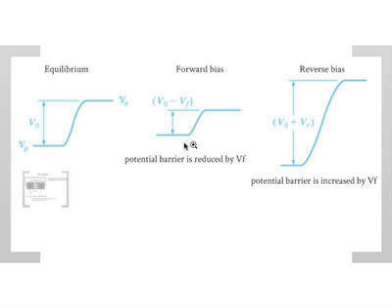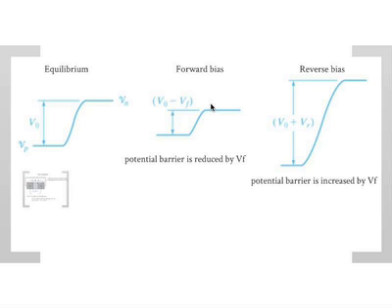In other words, to think about this is that, recall that the holes are over here, okay? This is a potential barrier for the holes coming this way, because potential is defined in terms of positive charges. When you apply a forward bias, you're decreasing that potential barrier, which means you're allowing the holes to go from the P to N, which is another way of saying what I just said before.